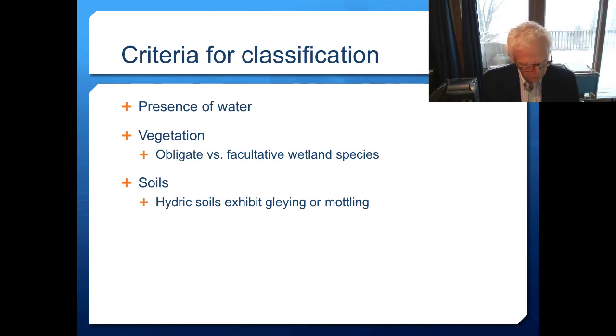And other things happen in the soils. If the soils are perpetually wet or almost always wet, you create a kind of soil that's called hydric soil. And with some training, one can dig down into a soil profile and observe whether or not there is a hydric soil that will show some gleying or mottling that indicates that it's perpetually wet or wet very frequently.